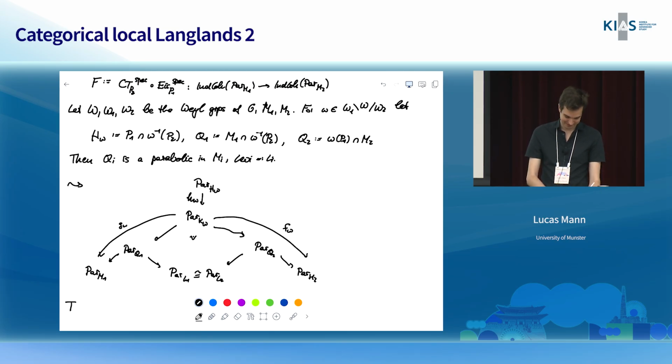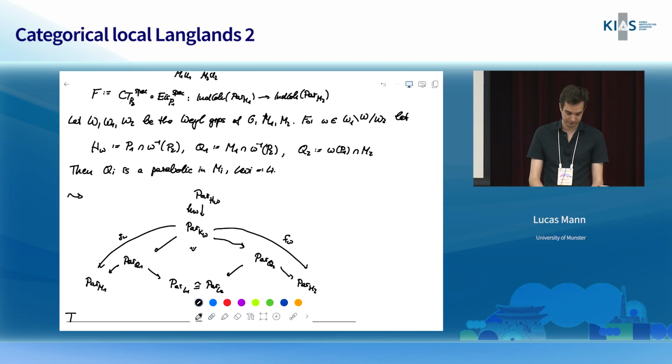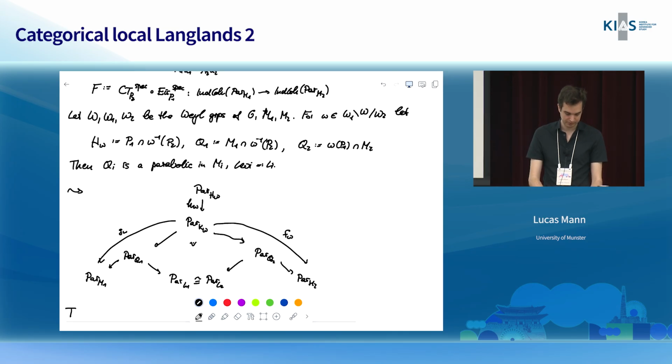So that would mean it is the fiber product of Q1 over L1 with Q2. There's also another way to define it, namely as HW modulo the intersection of the unipotents in P1 and P2, or W inverse P2. And from that definition, you see immediately that the kernel is exactly this intersection of unipotents, and that is unipotent, but unfortunately not trivial in general.